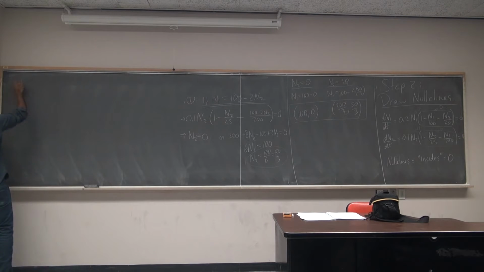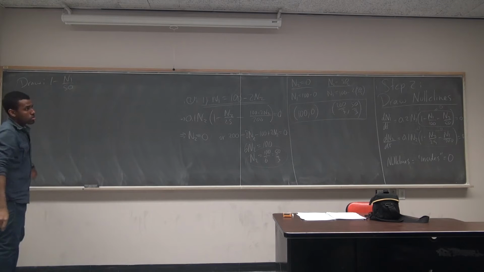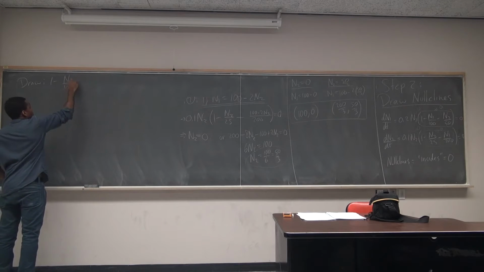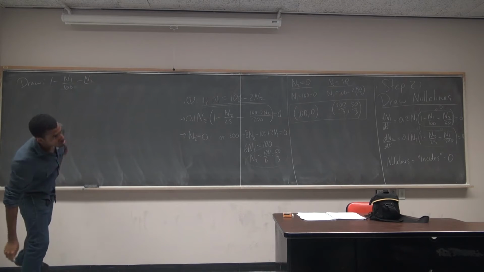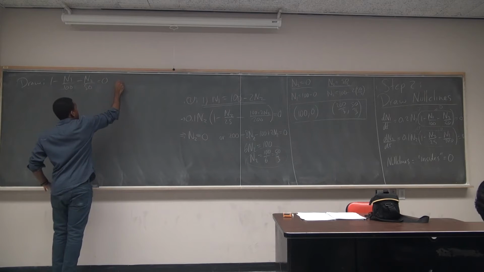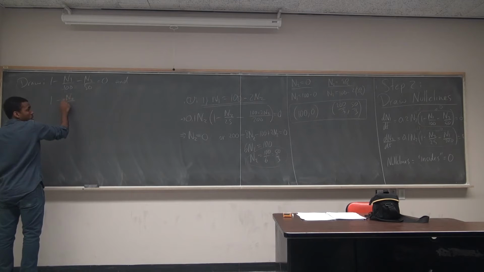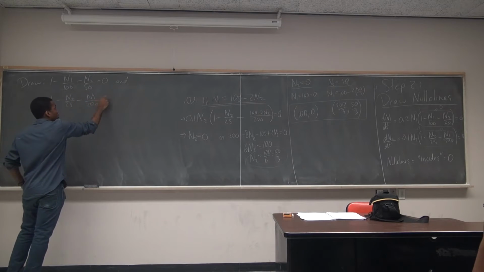Okay, so this means here we need to draw 1 minus n1 over 100 minus n2 over 50 equals 0. And at the same time, draw 1 minus n2 over 25 minus n1 over 200 equals 0.